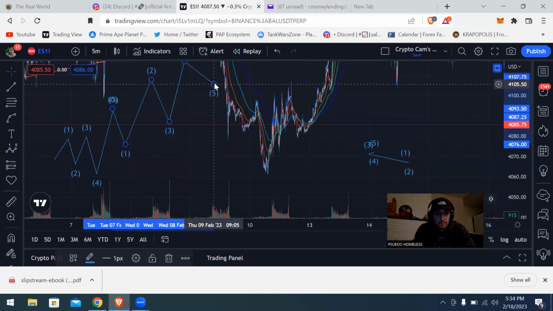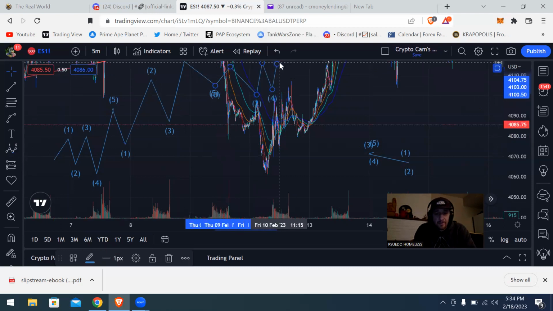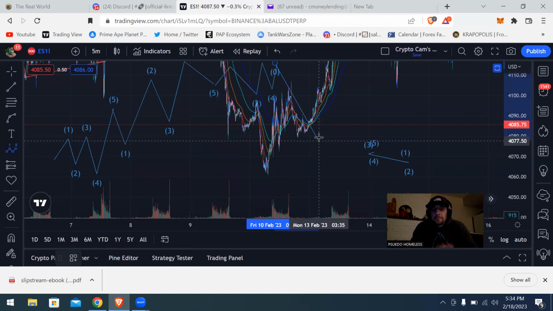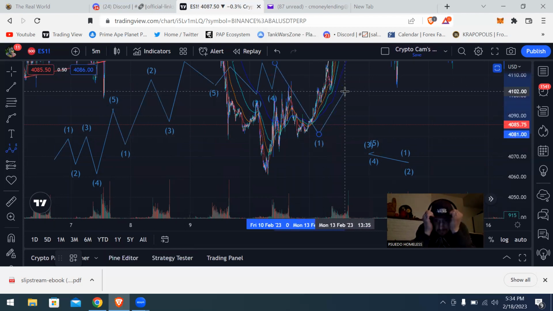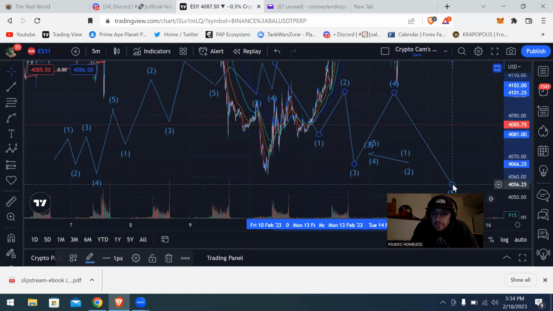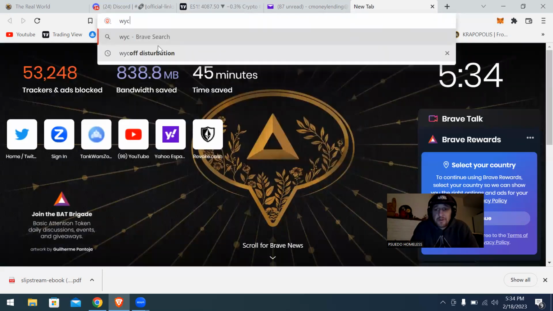Then price is going to BART, which basically means it just goes up and down, sideways, forever. And after that, it's drop level one, retrace back up, drop level two, retrace back up, drop level three, recover the full pattern. That's what it does.